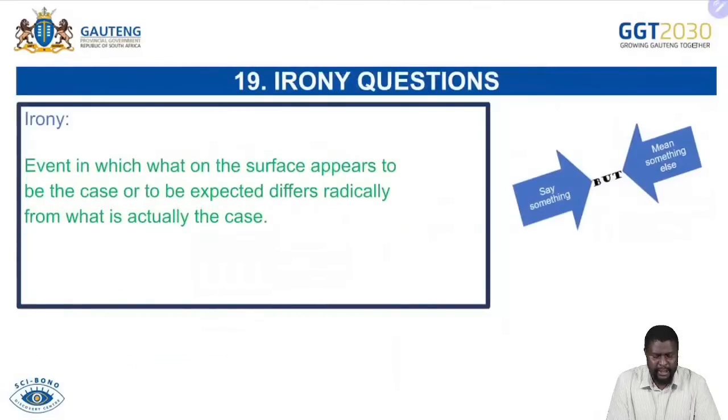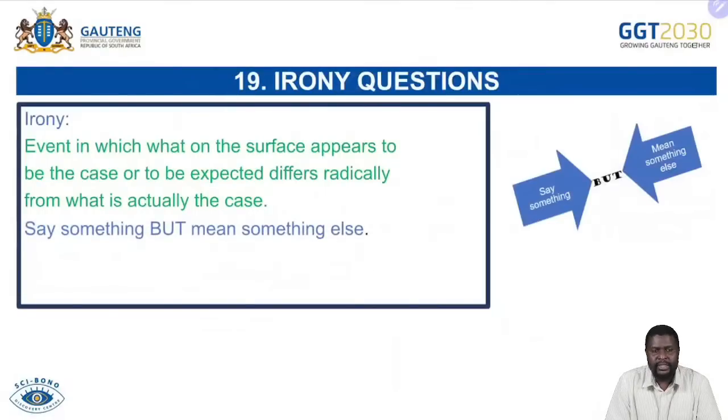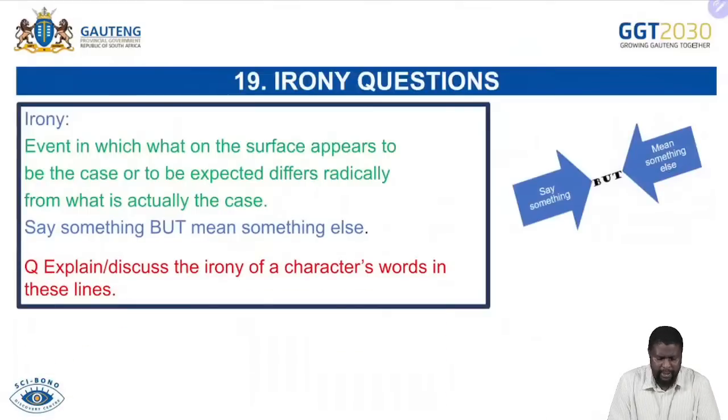An event in which what on the surface appears to be the case or to be expected differs radically from what is actually the case. You say something, but you mean something else. So we expect one thing as the audience, but something else happens in the story. Dramatic irony. Explain why the character's words are ironic in these lines.